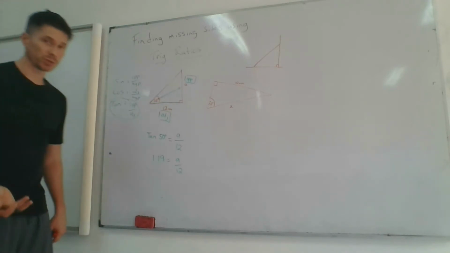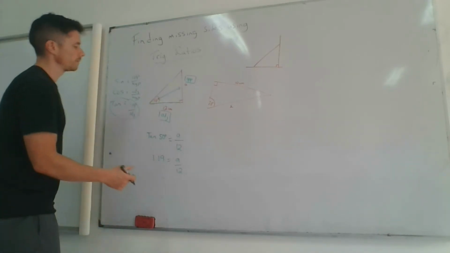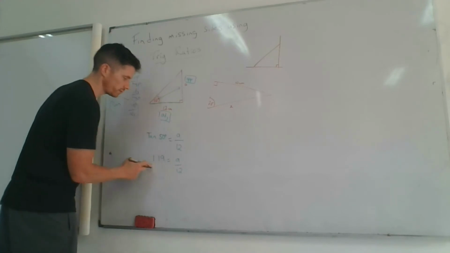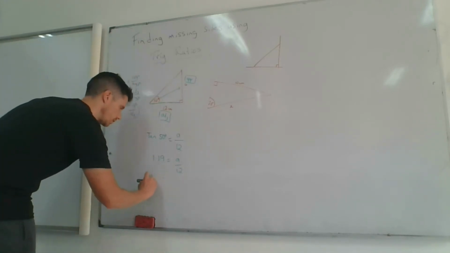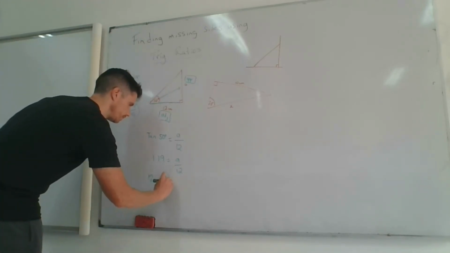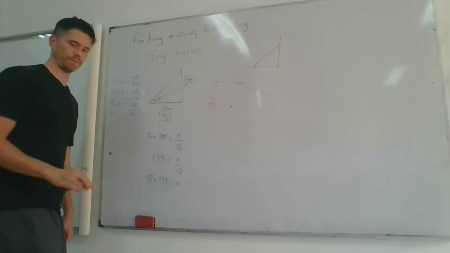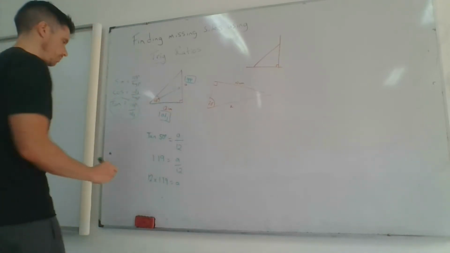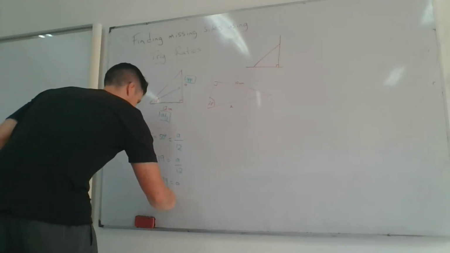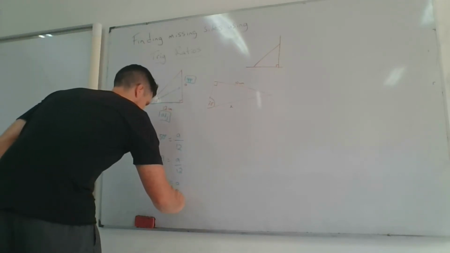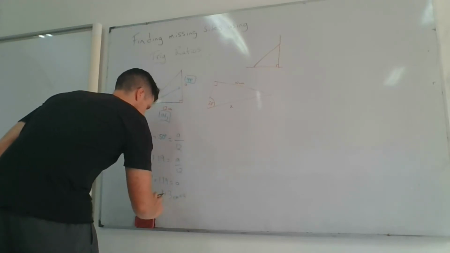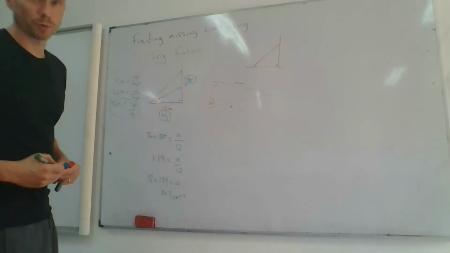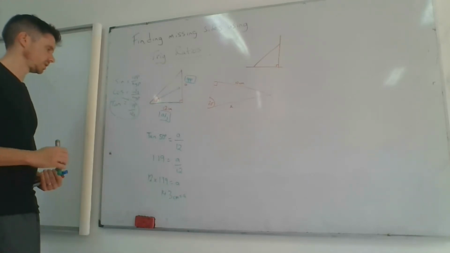So A divided by 12 is 1.19, therefore A must be 12 times 1.19. Multiplying that, I get around 14.3 centimeters. So for that first one, 14.3 centimeters is A.